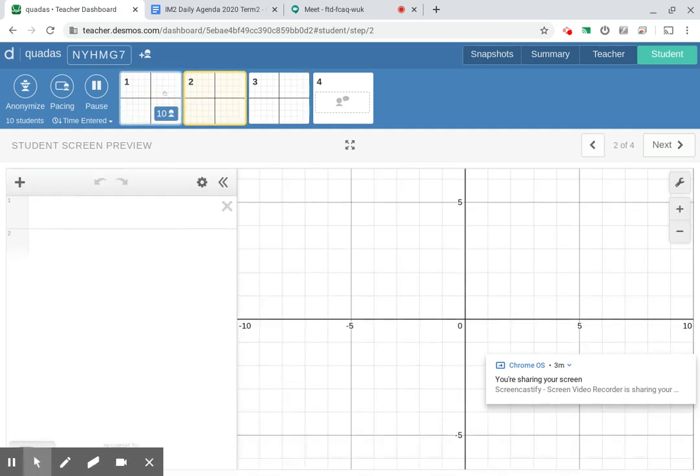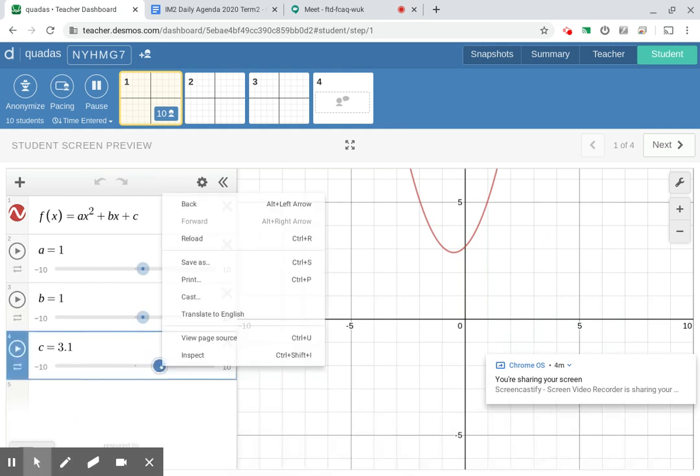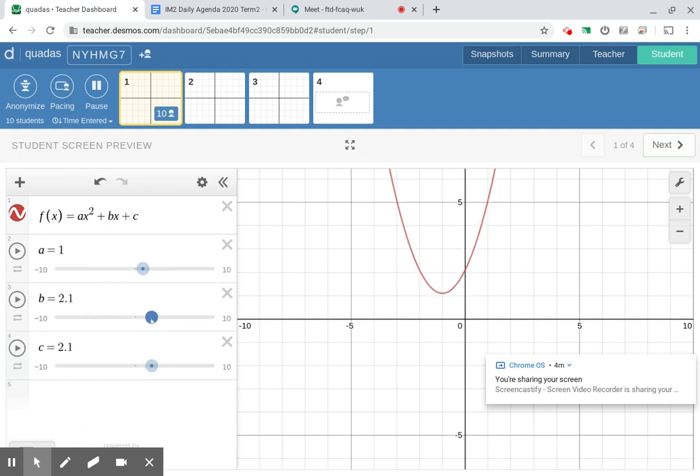Okay, I should have put a thing where you could type, but we'll get it going. Everybody's okay with typing in this function? So C moves it up and down. It just adds something to the graph. It just moves it up and it moves it down, okay?